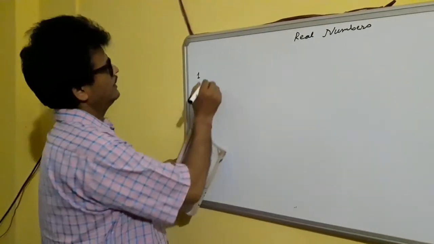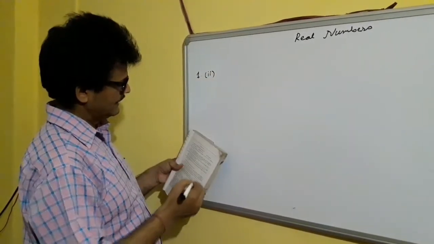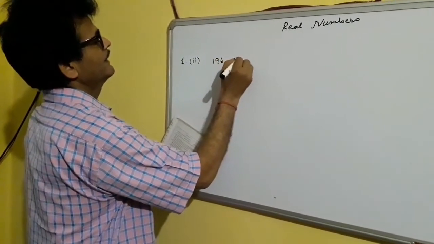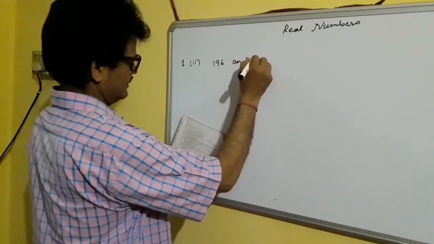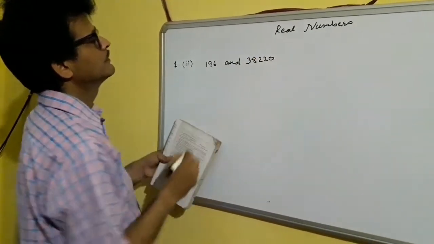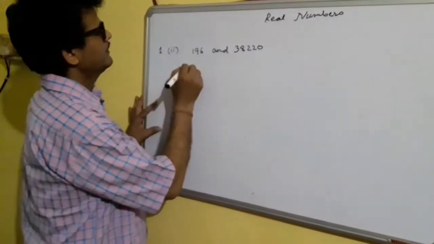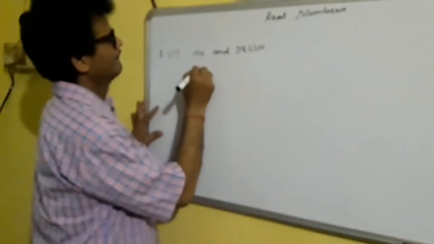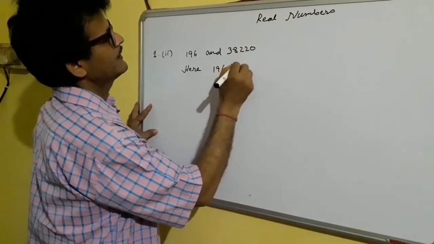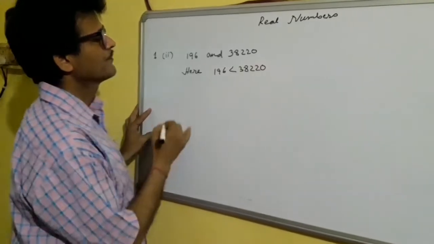Question number 2. So this time we have 196 and 38220. So here 196 is less than 38220.